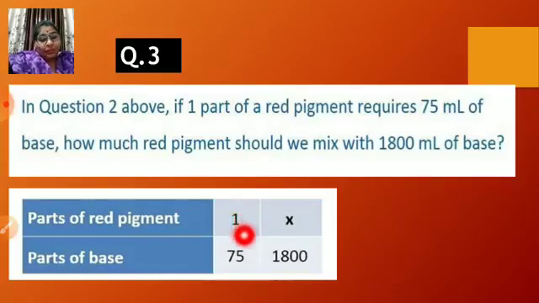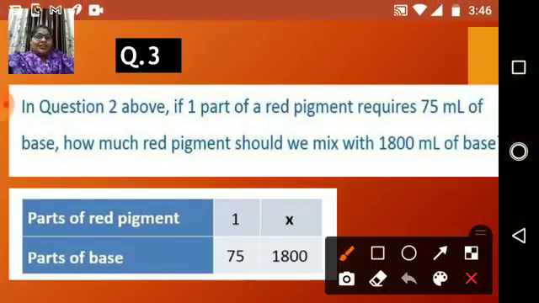That is x1, y1 also you can say. And here, how many red pigments we have to find out? So let us keep this as x to mix with 1800 ml of base. So let us take the next value as 1800. So now it will be 1 upon 75 is equal to x upon 1800. I'll show you here.